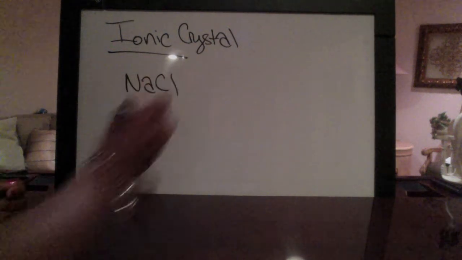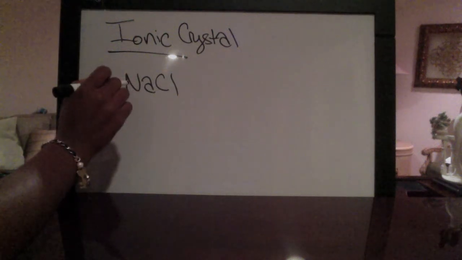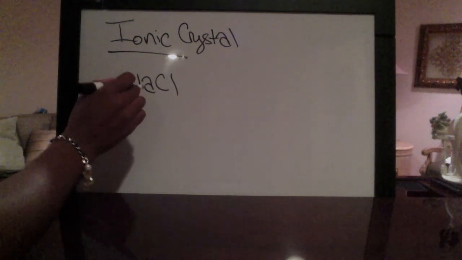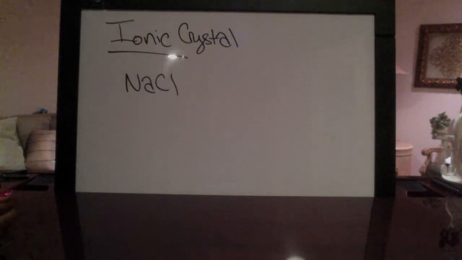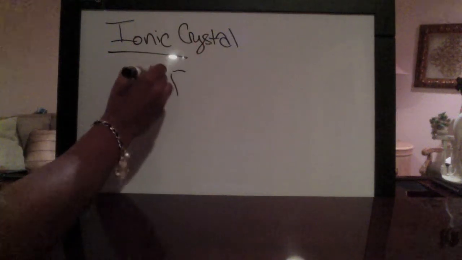Now, as you know, if you look on the periodic table, sodium has an extra electron that it's dying to lose, and chlorine has 7 electrons and it really wants one. So in the case of sodium chloride, sodium is going to donate an electron over to chlorine. Then chlorine will become negative, sodium will become positive, and all of a sudden they want to be near each other. So the structure of that is going to look something like this.